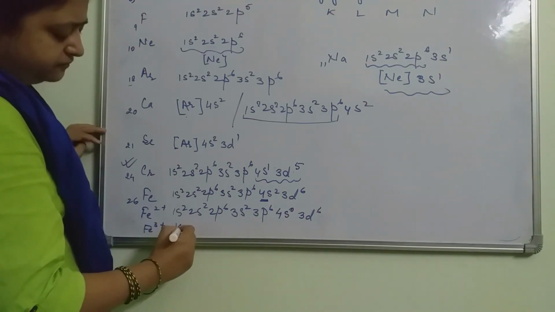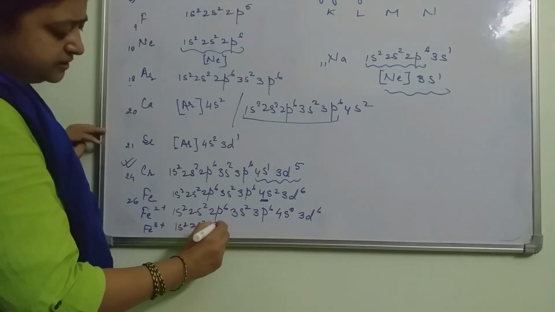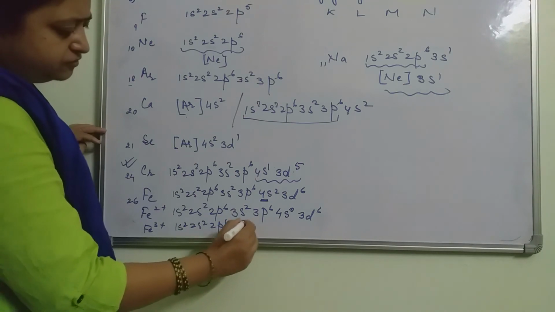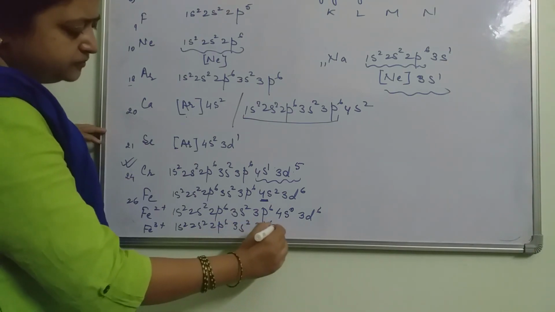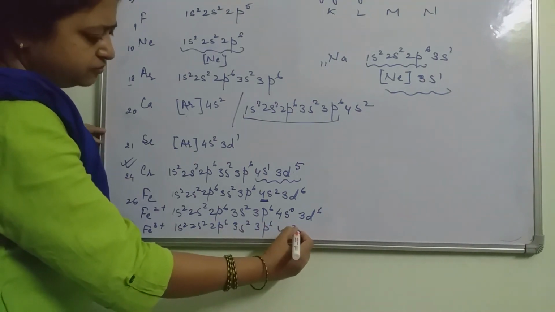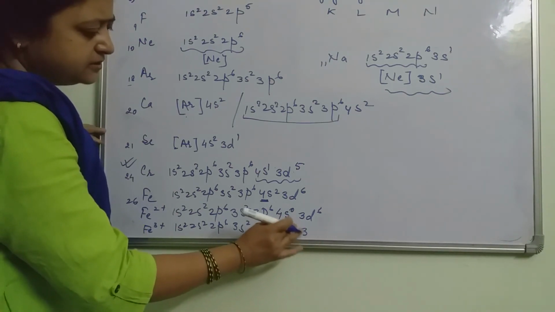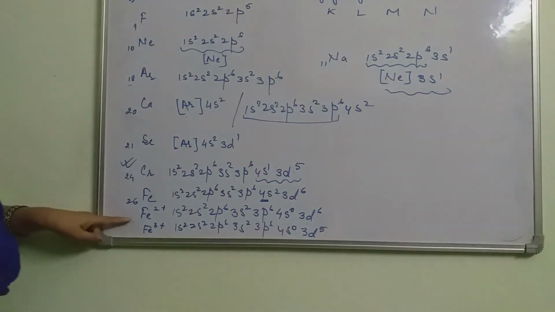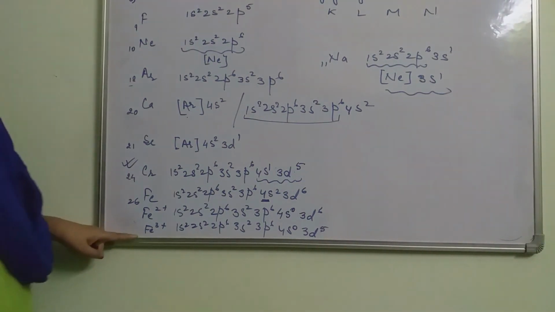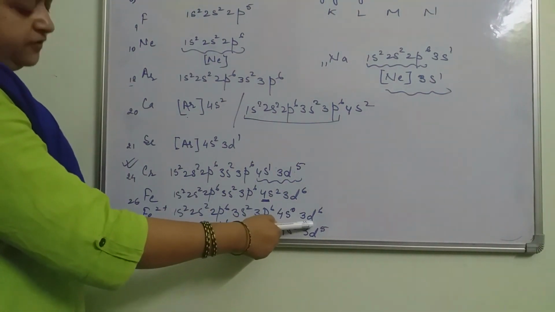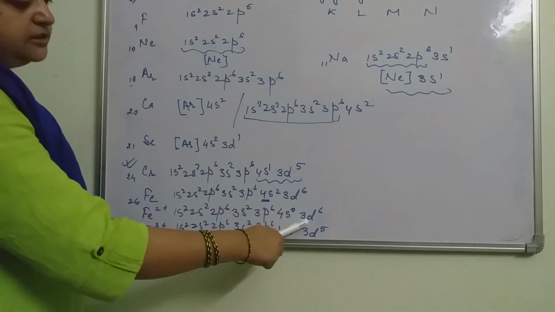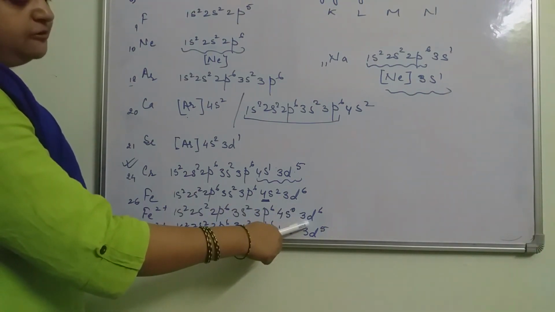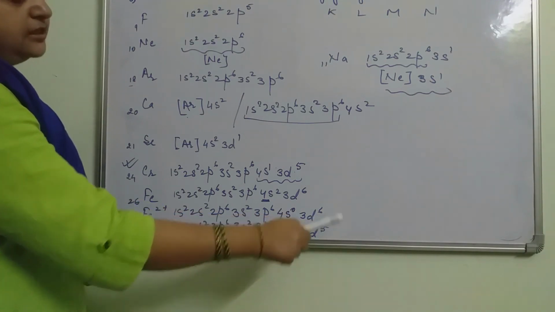Now it is 1s2, 2s2, 2p6, 3s2, 3p6, 4s0 and 3d5. Why does ferrous readily become ferric? Due to its unstable configuration. The configuration of ferrous is unstable due to the presence of the 3d6 electrons.